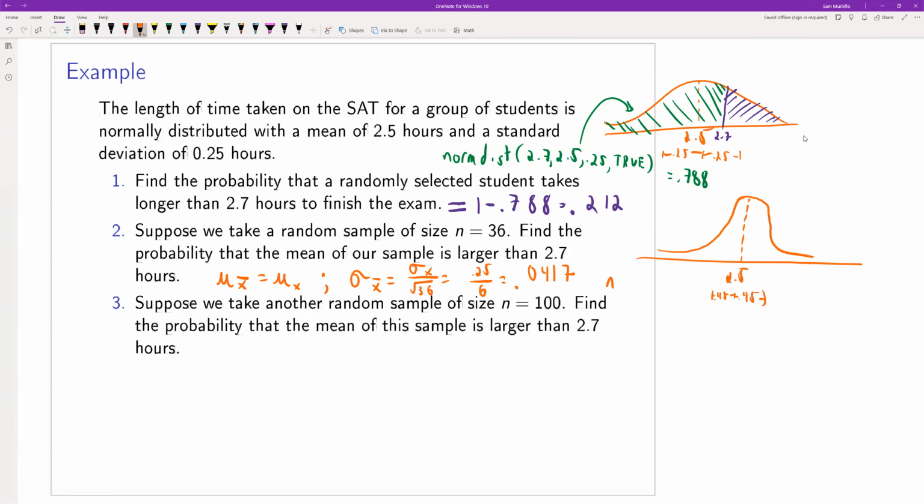So we're plugging in, let's change the color to match. It's the same 2.7 to find this shaded area.